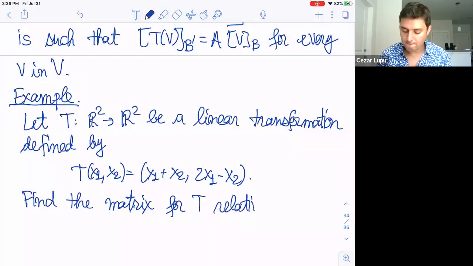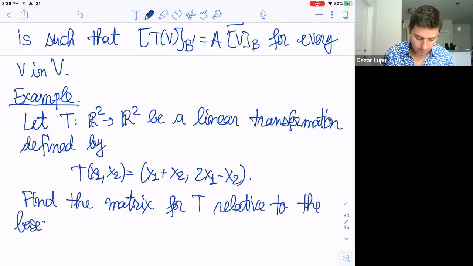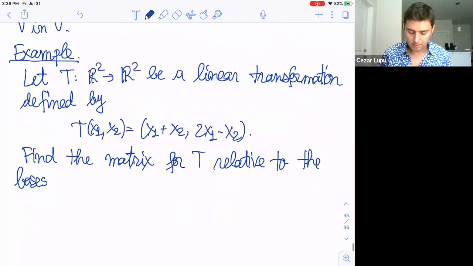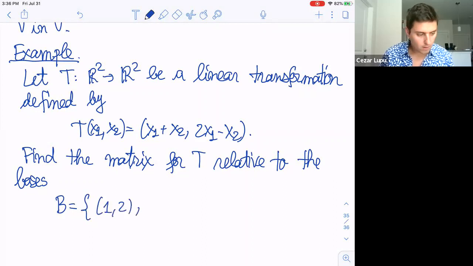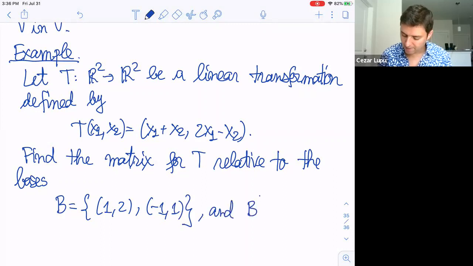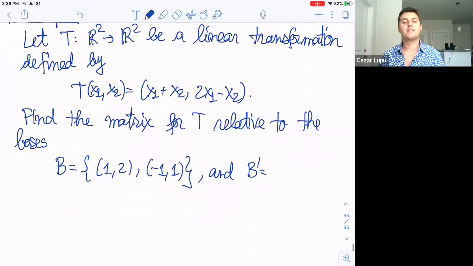relative to the basis B, which will consist of these vectors, let's say 1, 2, and negative 1, 1. And B prime, you see this time I'm not finding the matrix for the linear transformation T relative to the standard basis.